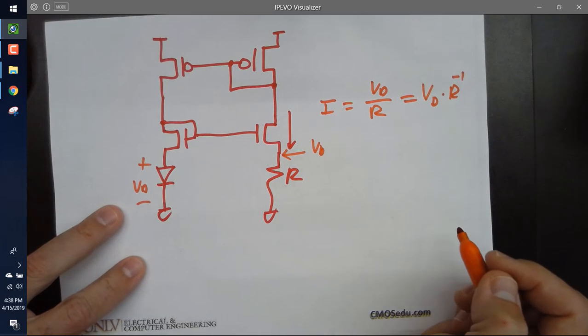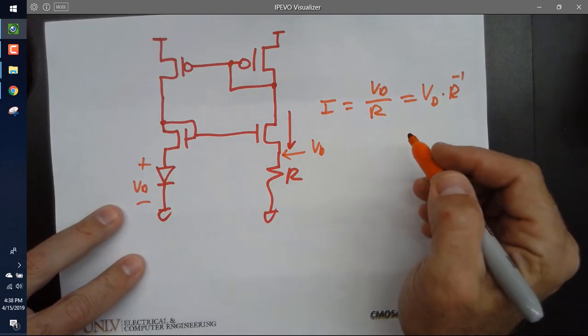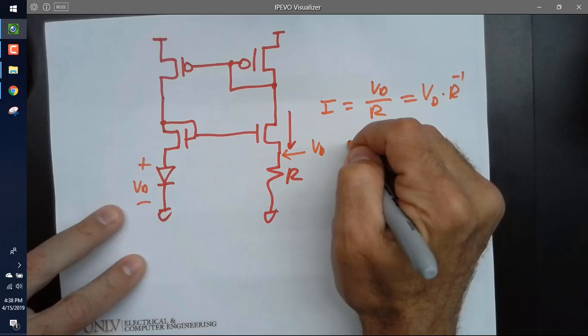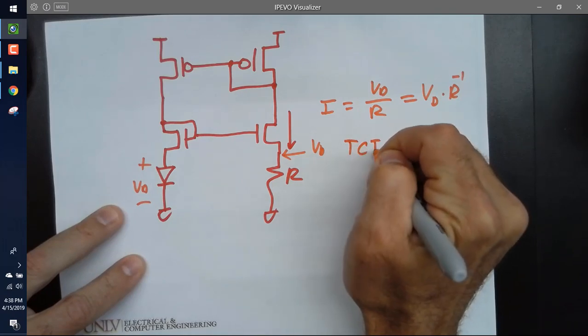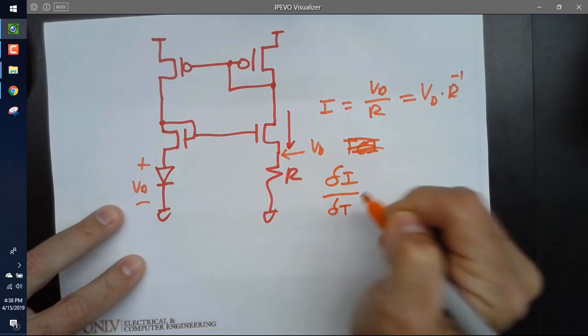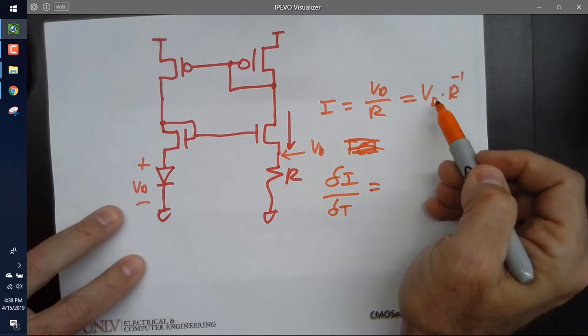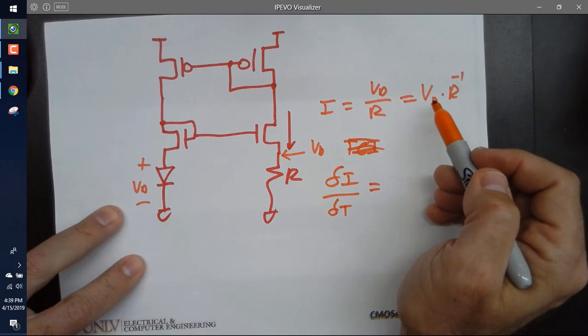Why'd I do that? Yeah, to do the temperature coefficient of the current. So then I'm going to write TCI, or whoops, let's do this, del I del T is equal to, does the diode voltage change with temperature? Yeah.